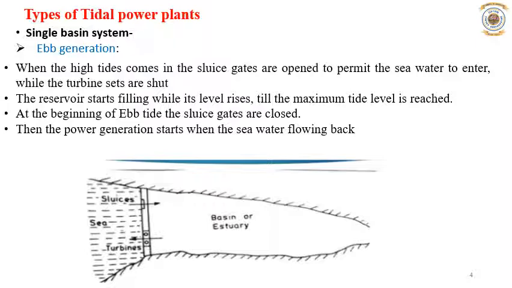When it reaches the maximum tide level, the sluice gates are closed. Then the water flows between the basin and the sea through the turbine, so power is generated.